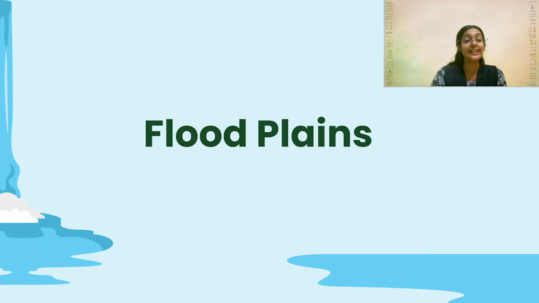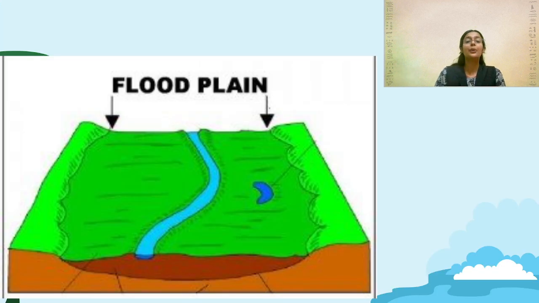Now let's understand about the floodplains. What are floodplains? So the river is flowing on its natural course, but due to flood or heavy rainfall, the river overflows its bank.